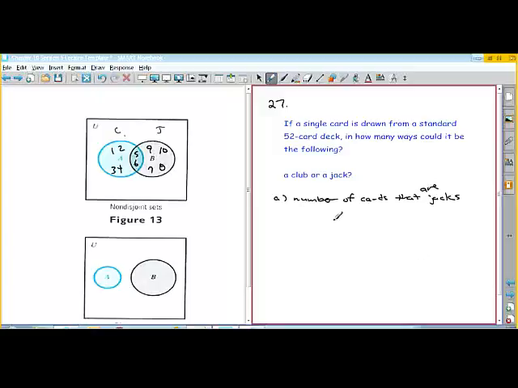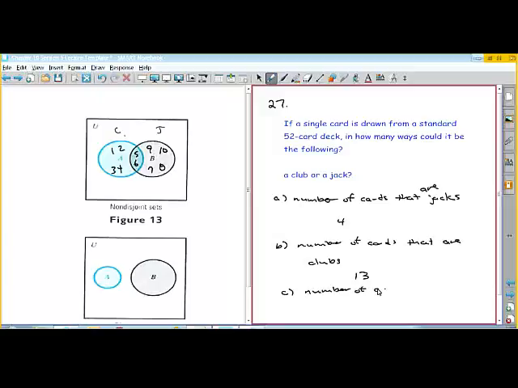So the number of cards that are jacks, not that jack. The number of cards that are jacks. So there are 13 cards. I got my numbers wrong. Let's try it again. There are 4 jacks, 1 for each suit. The number of cards that are clubs. There are 13 clubs.